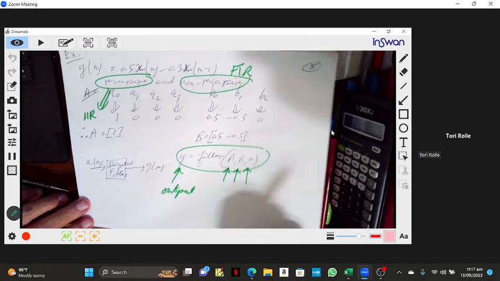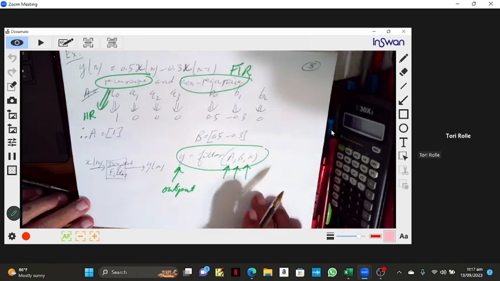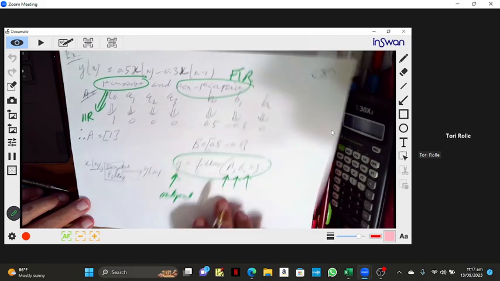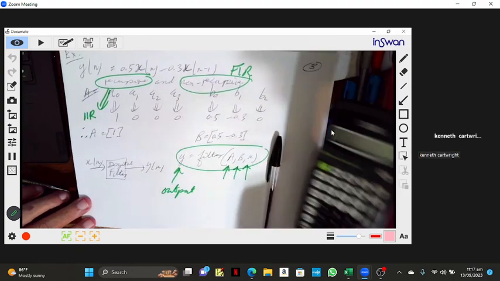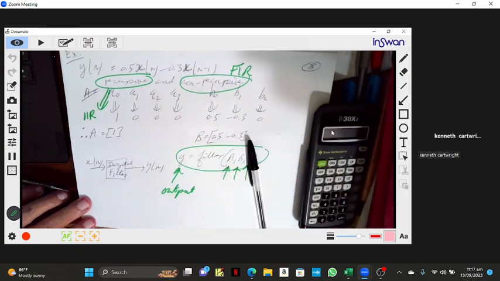Hey, Dr. Ketter, can you repeat that last statement again about it depending on the input? Look at the equation, young man. Does the output depend upon the previous y? Are you looking on my writing pad?